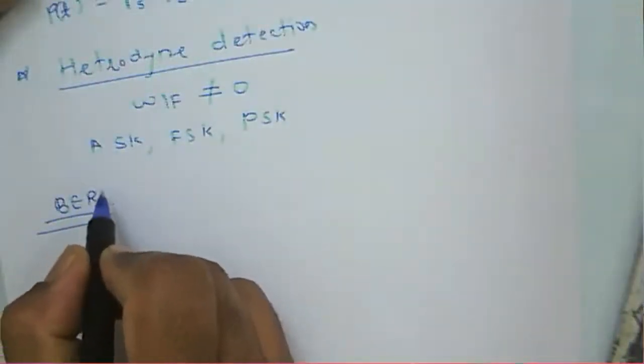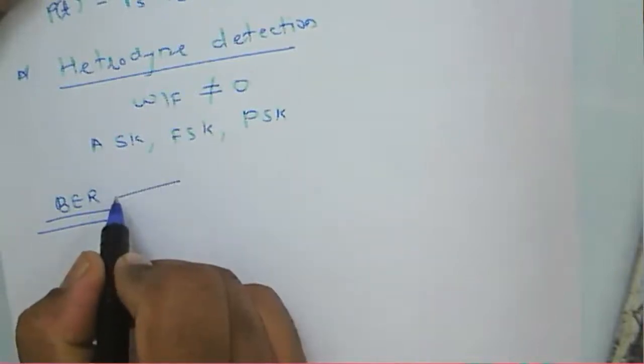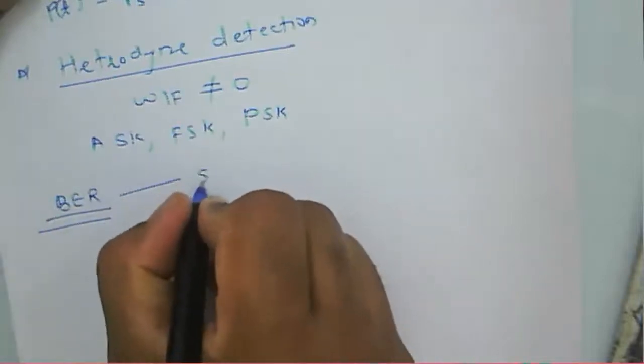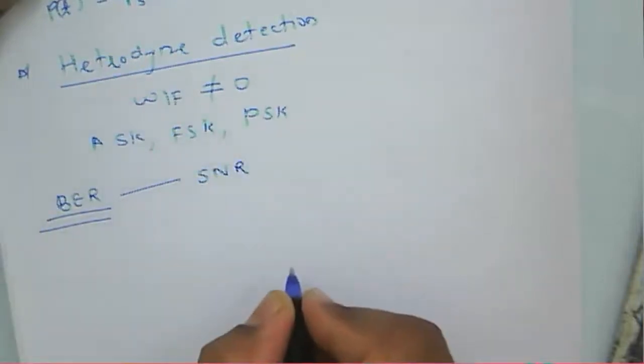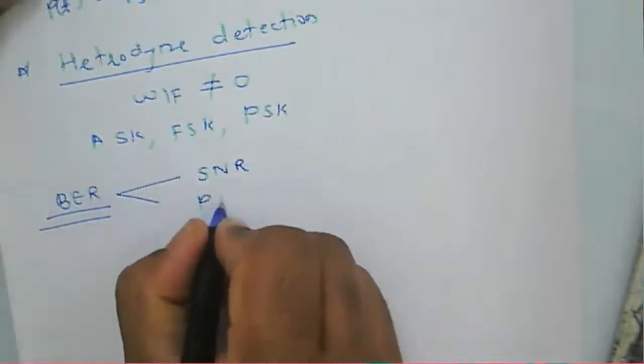It depends upon the bit error rate, because the bit error rate depends on the signal to noise ratio, and again it depends upon the probability density function.